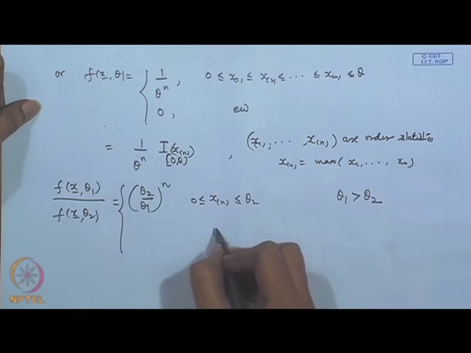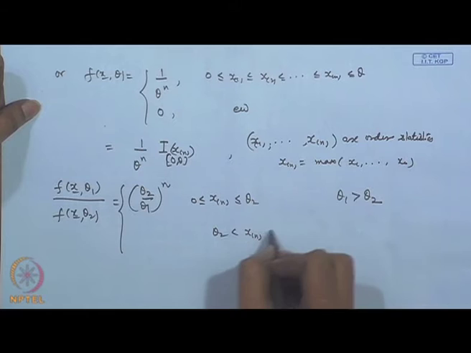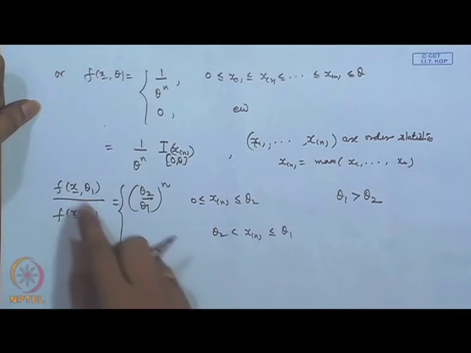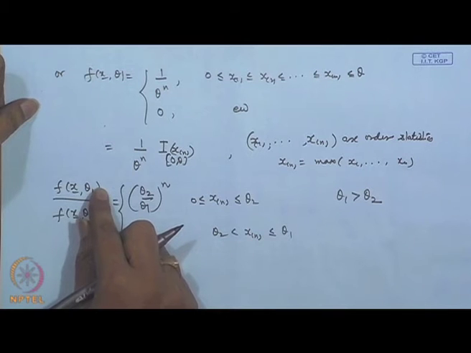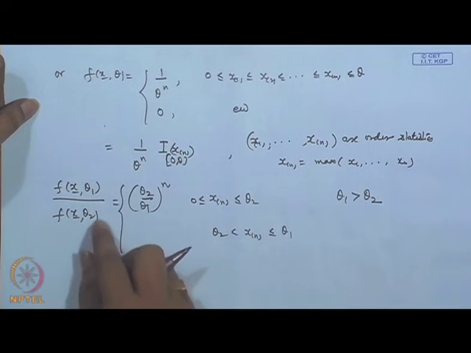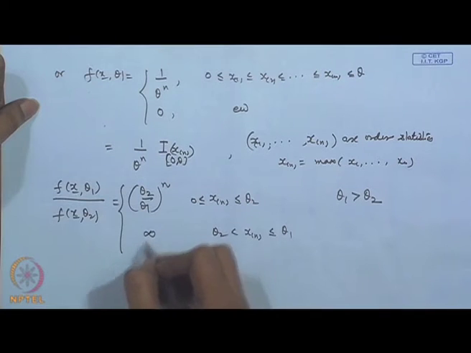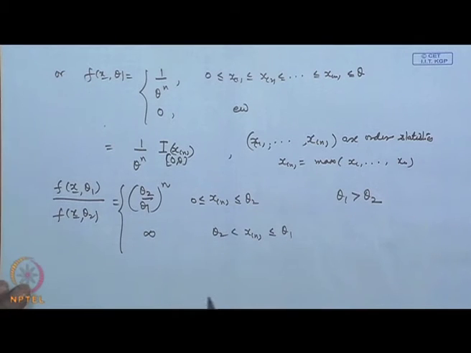If theta 2 is less than x(n) less than or equal to theta 1, then f(x, theta 1) is a positive density, whereas the other density becomes 0, so the ratio becomes infinite. If x(n) is greater than theta 1, both the densities are 0 and we do not have to write that region.